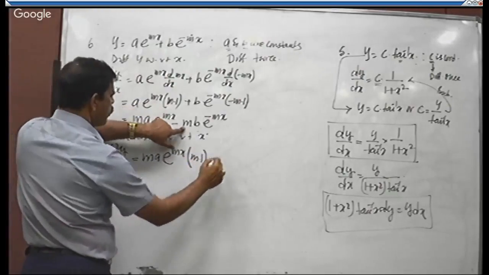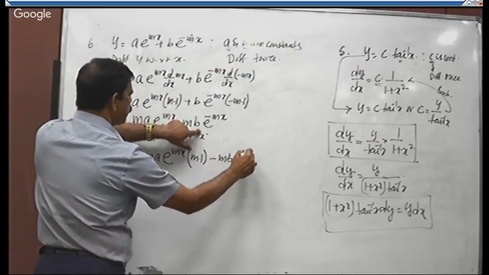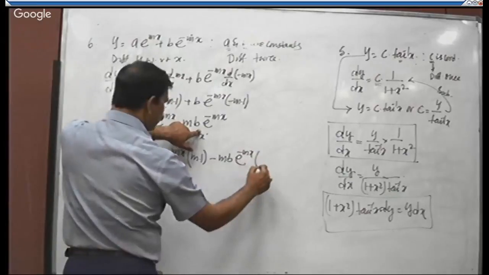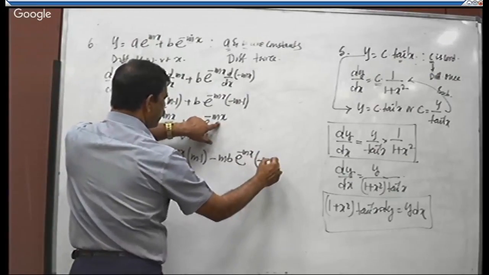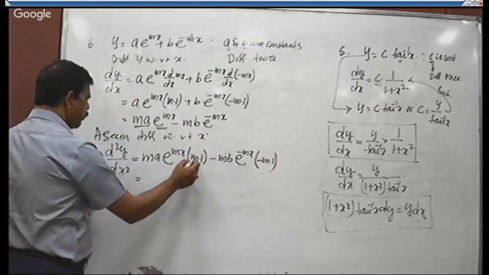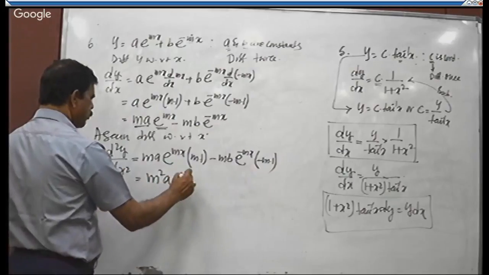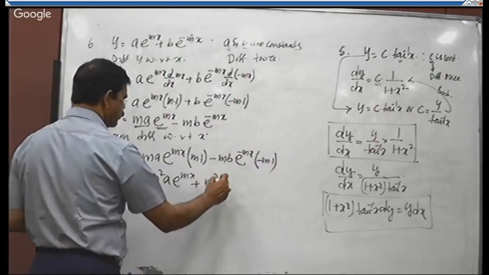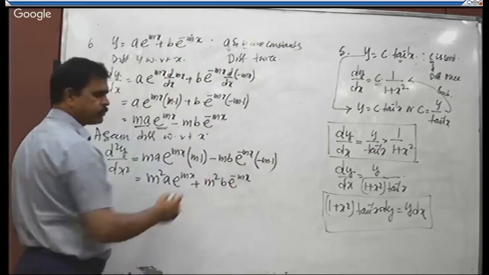Minus, keep m into b as it is, differentiation of e to the power of minus mx is e to the power of minus mx into minus m into 1. This is m square a e to the power of mx, minus into minus plus, m square b e to the power of minus mx.